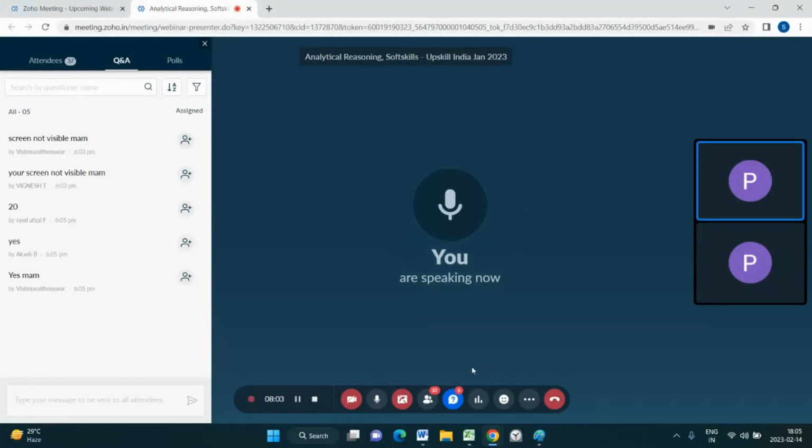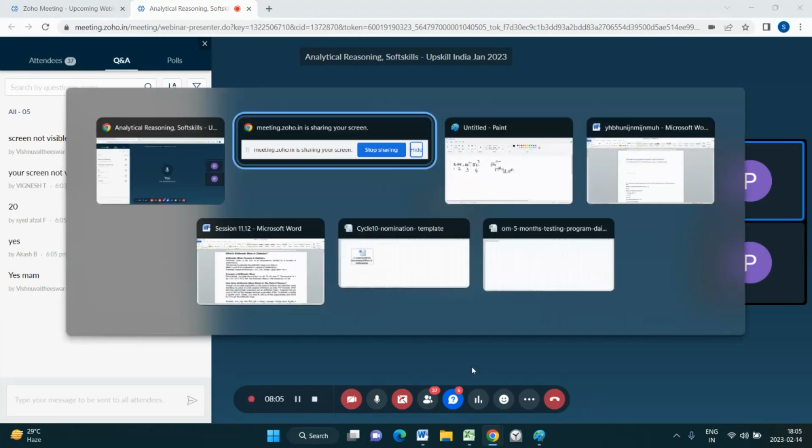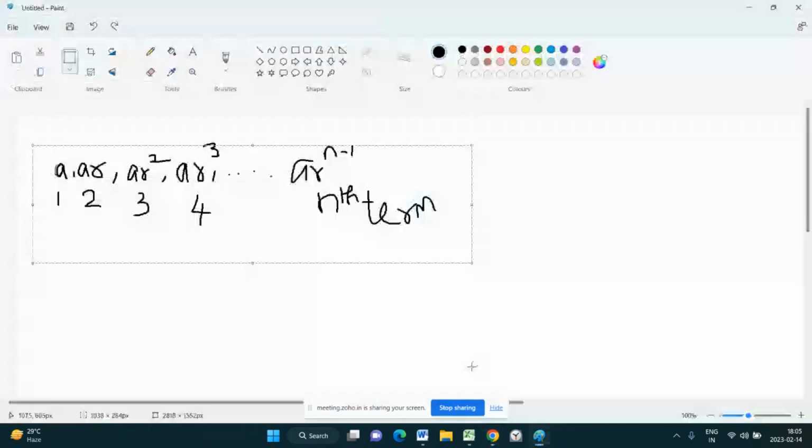Thanks, Akash. Very good. So in yesterday's class, we saw that a geometric progression will look like this: A, AR, AR square, AR cube, and so on, AR to the power n minus 1. A is the first term. AR is the second term.